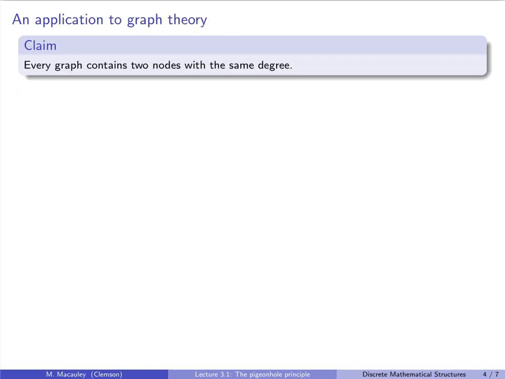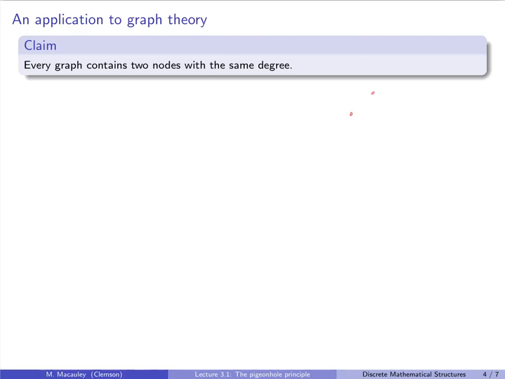So in graph theory, which is a field that we're going to study later in more detail, I claim that every graph contains 2 nodes with the same degree. Now let me explain what that is, because I have not formally defined these. So given that it's the 21st century and we are well into the internet age and the social media age, everyone, even non-math and computer science people, should have a good sense as to what a network or a graph is.